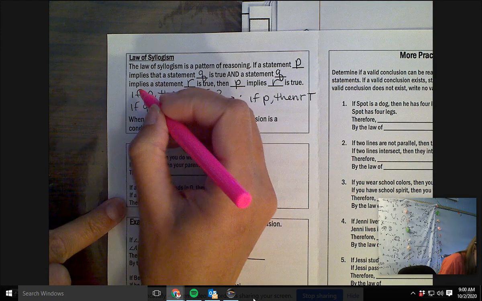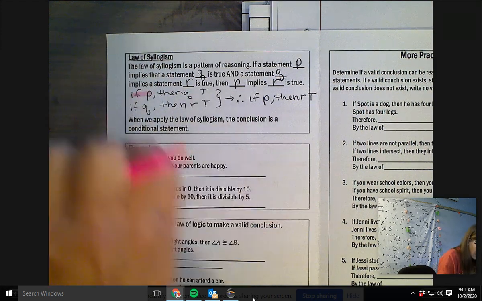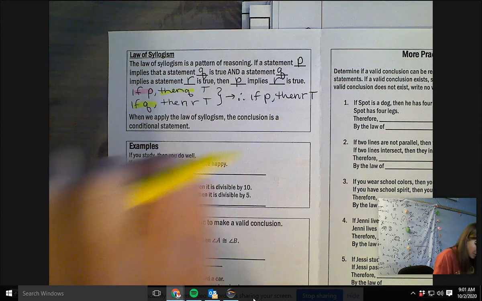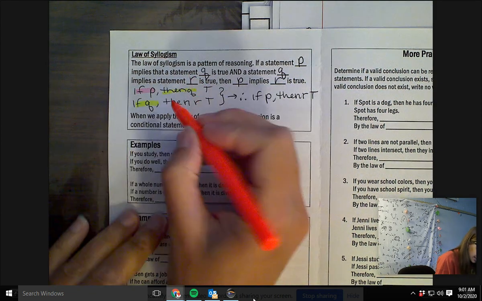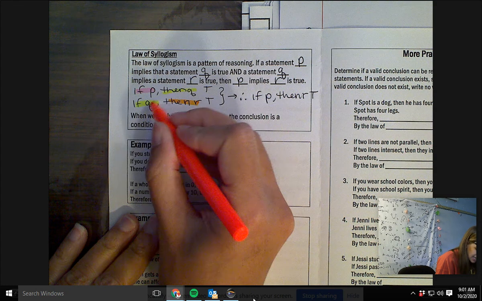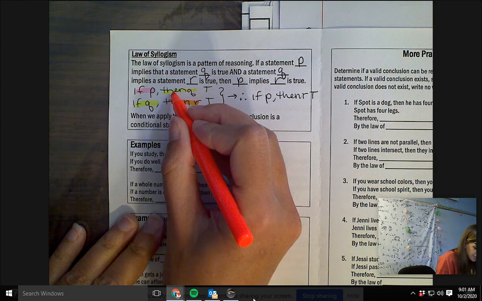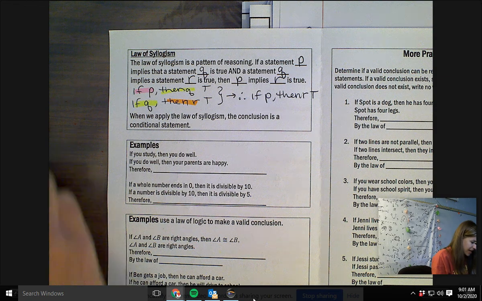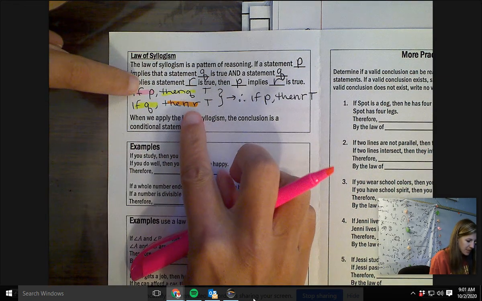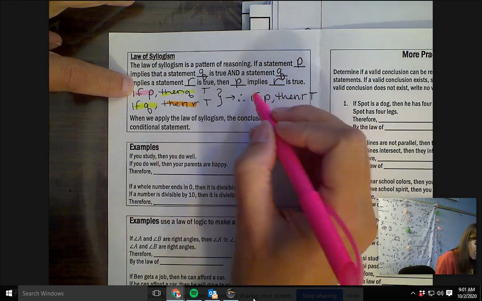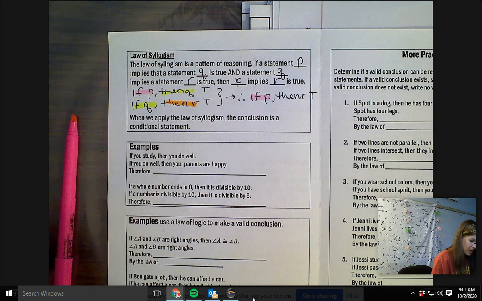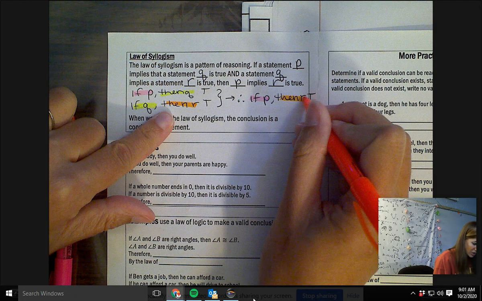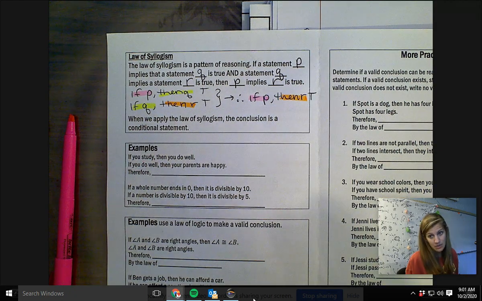We have P to Q, and then Q to R. Because the conclusion matches up with the hypothesis of the other statement, we can then conclude the opposite two things. So this original hypothesis with the final conclusion can also be said to be true.